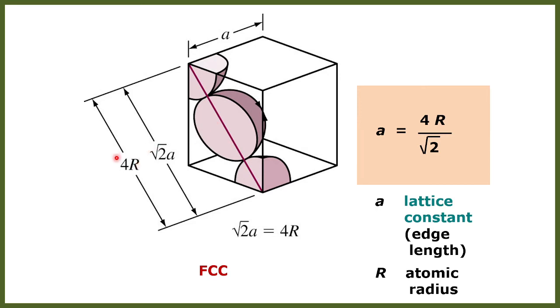So this is equal to 4r, and that side is also a. From this corner to this corner, the length is square root of 2 a. So the relationship is 4r equals square root of 2 a, and then a equals 4r over square root of 2.